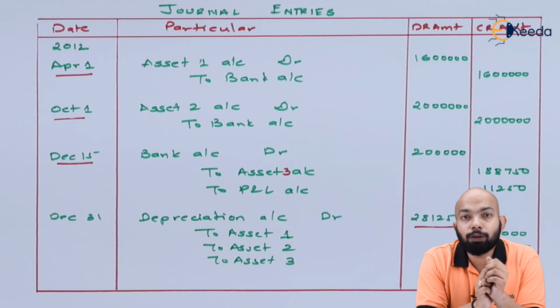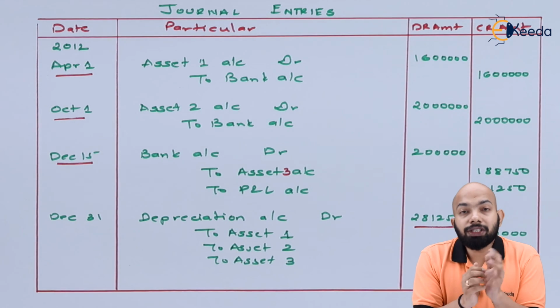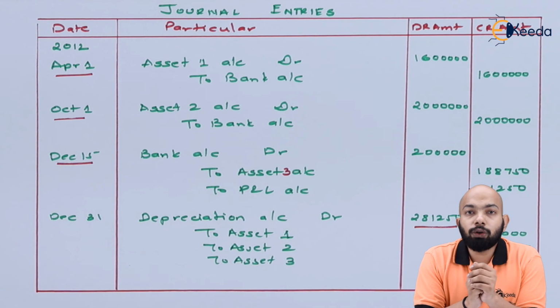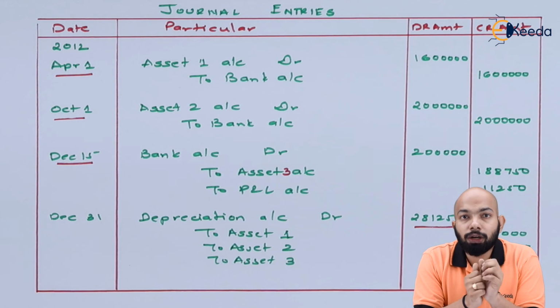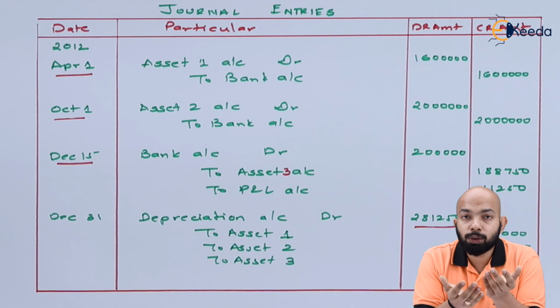So the total asset balance will be 19 lakh plus 14,40,000, which gives you a total of 33,40,000. That means the total value of the assets that you have as on March 2013 is 33,40,000, and the third asset which has been sold out becomes obsolete, hence won't be recorded under the asset category.